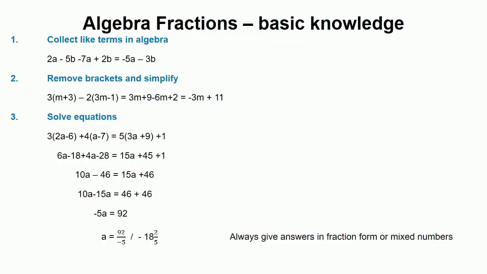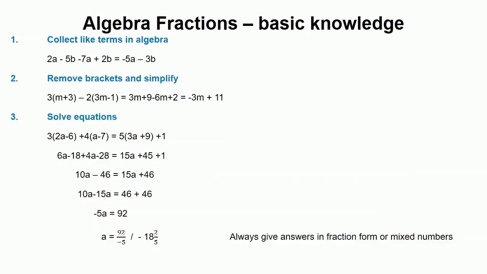Now I've got a's on the left and a's on the right. I've got numbers on the left and numbers on the right. I get all the a's to the left. I get the a's away at the right. How do I get 15a away? I subtract it. So if I subtract it, it's gone on the right, but it's on the left, minus 15a. Now the 46, minus 46 on the left.